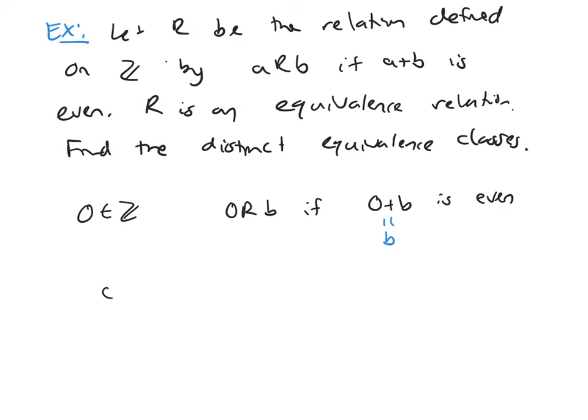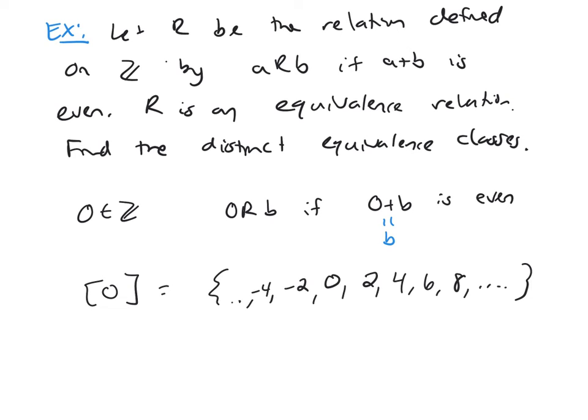So the equivalence class of 0 contains itself, and then 2, 4, 6, 8, and so forth. It's related to any even integer, so you can also have negative numbers, -2, -4.